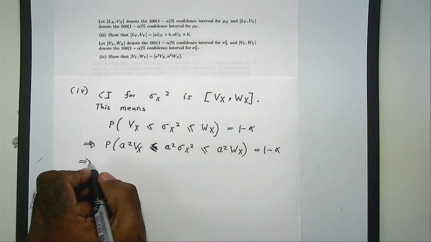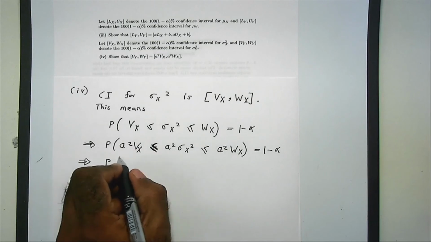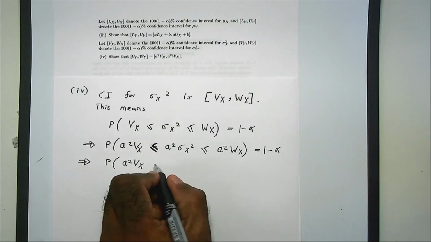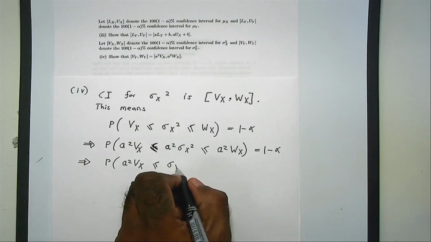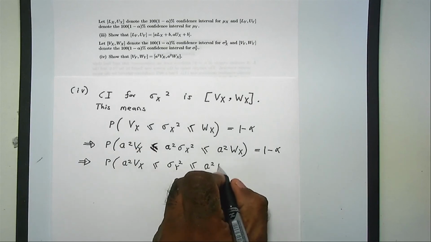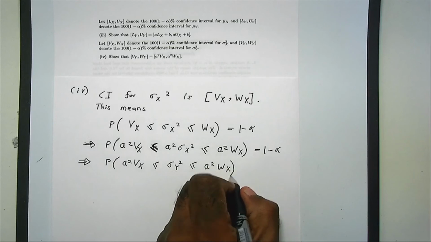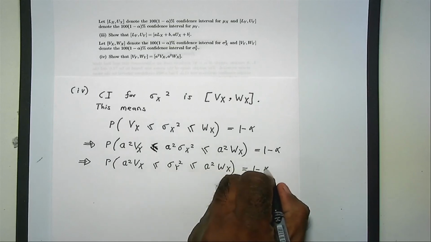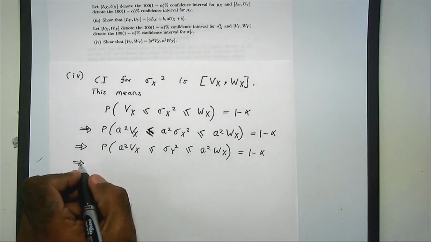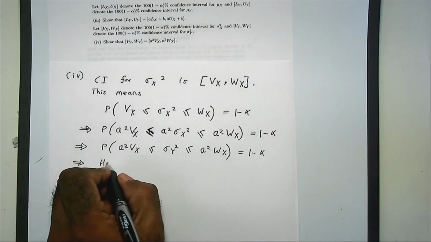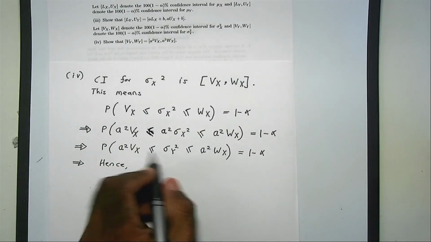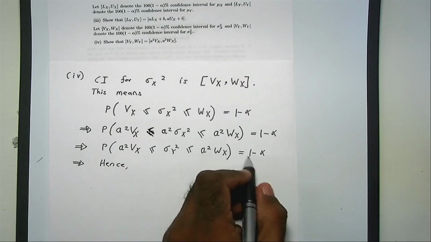So hence this is a statement on sigma y squared being between these two with probability 1 minus alpha.